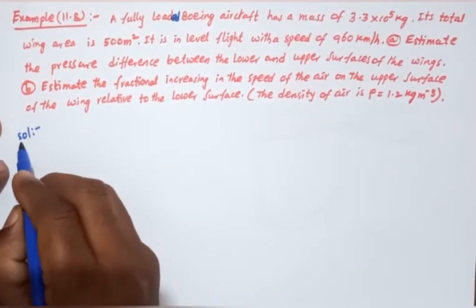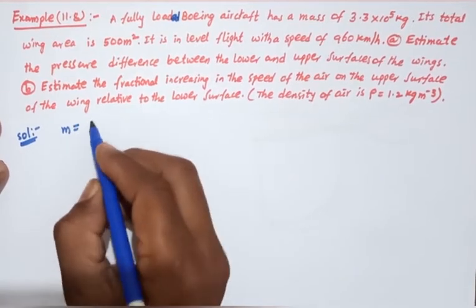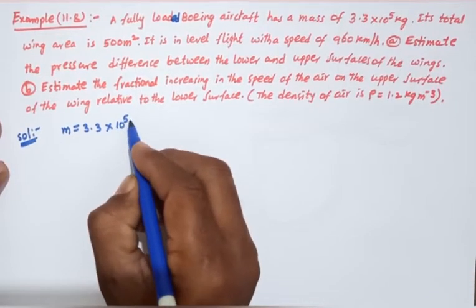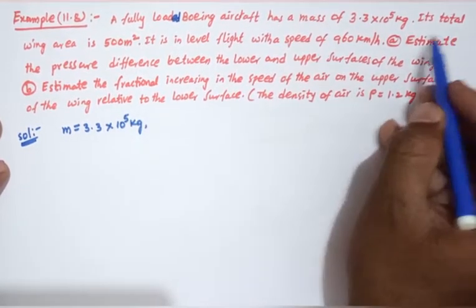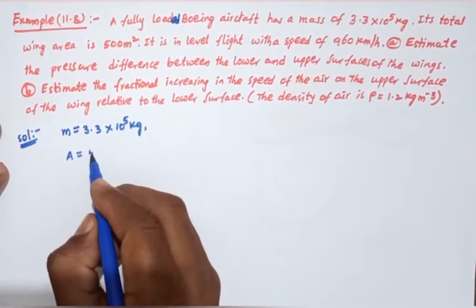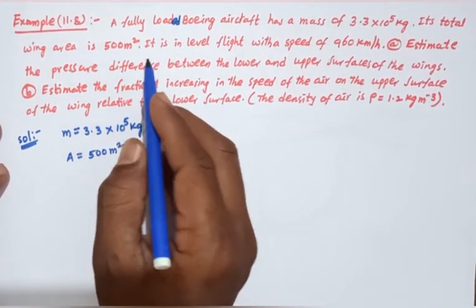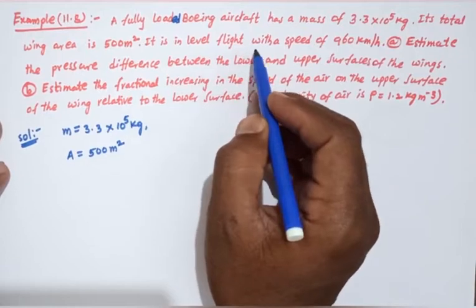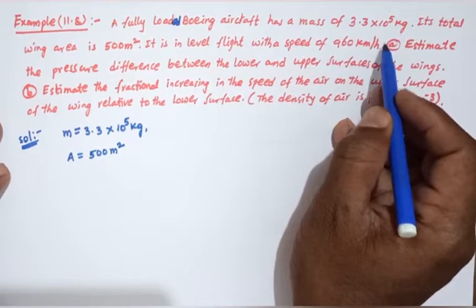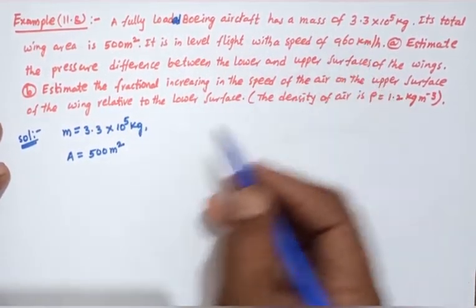Its total wing area is 500 meter square. It is in level flight with a speed of 960 km per hour. So this is the average speed.